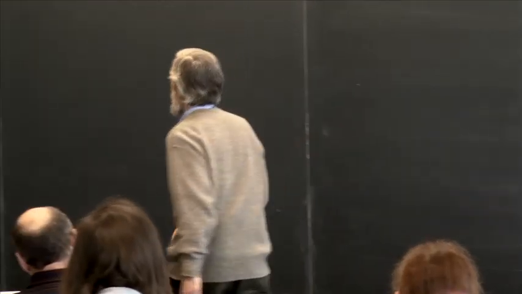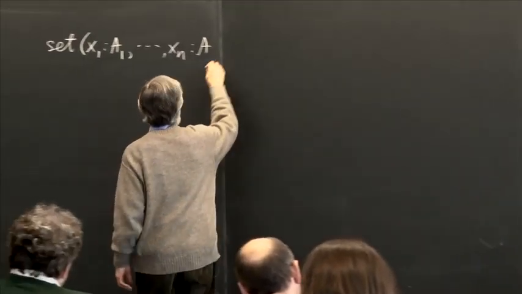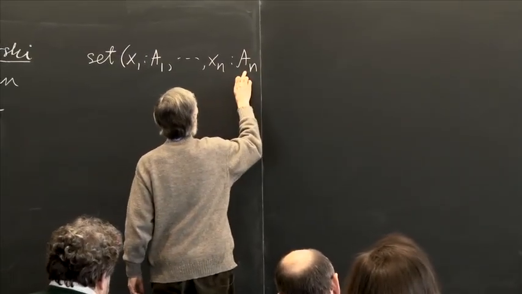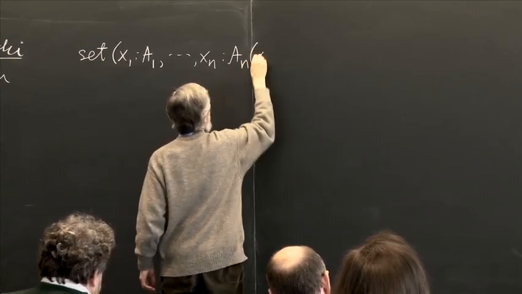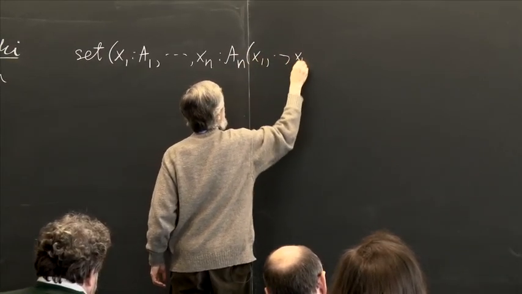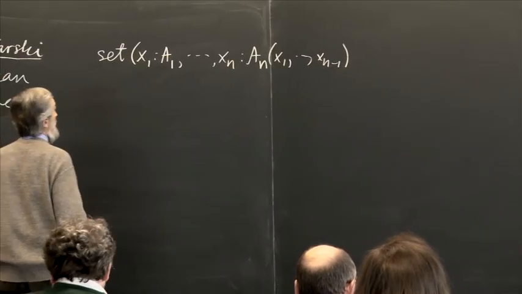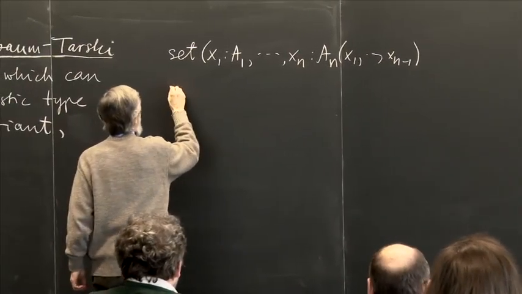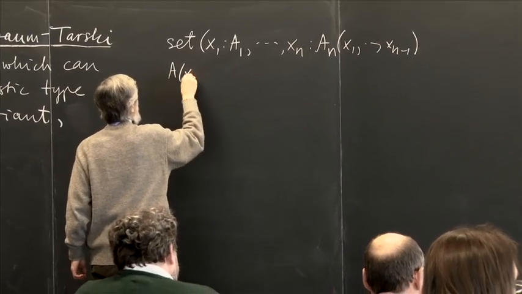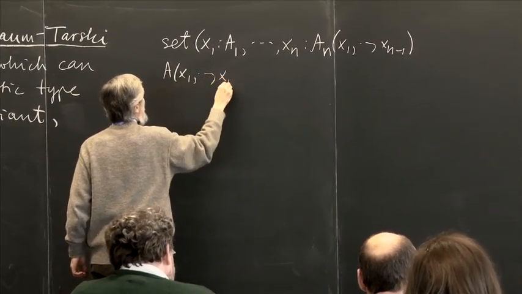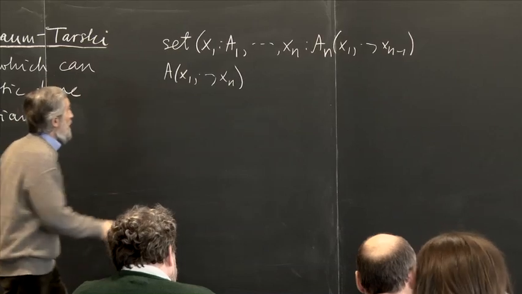Maybe this time I should write out the variable dependencies here. So An here depends in general, as we know, on the previous variables. And then the other form of category was element of A depending on n variables.